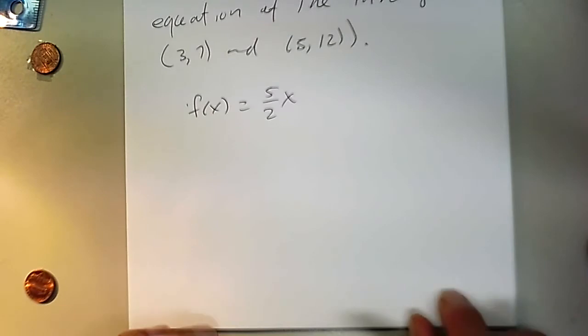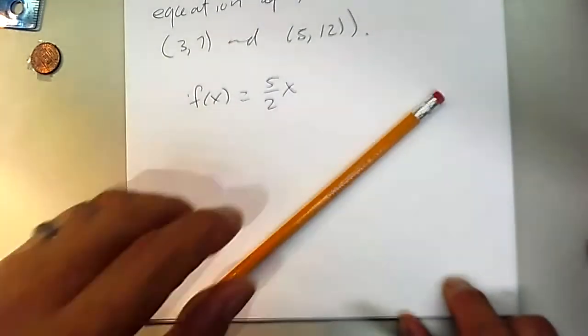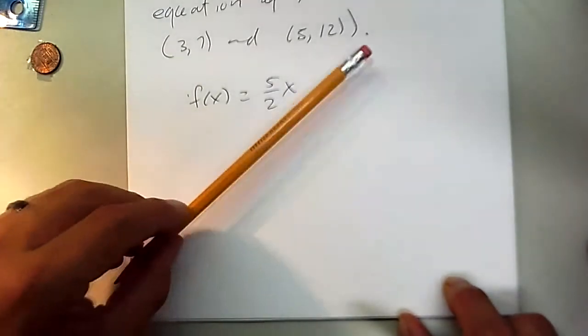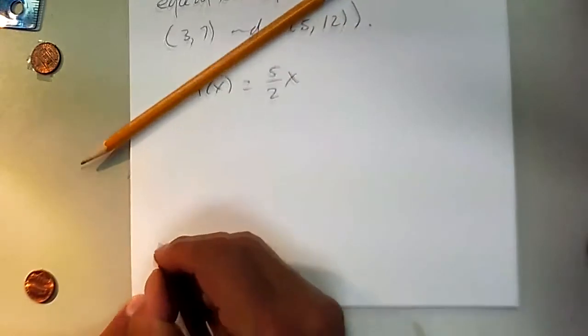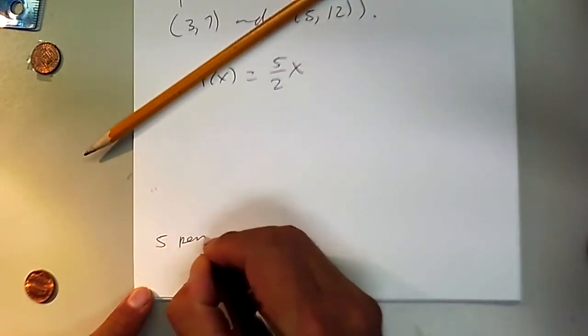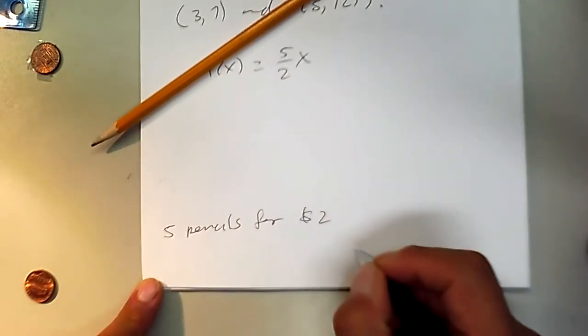Okay, so if I say I'm going to sell you, this is just a silly example, pencils, and I'm going to sell you 5 for $2. So 5 pencils for $2.